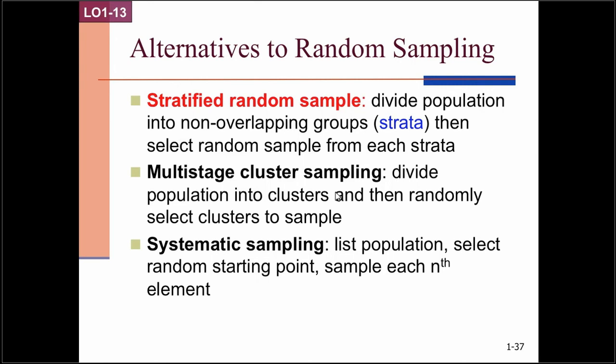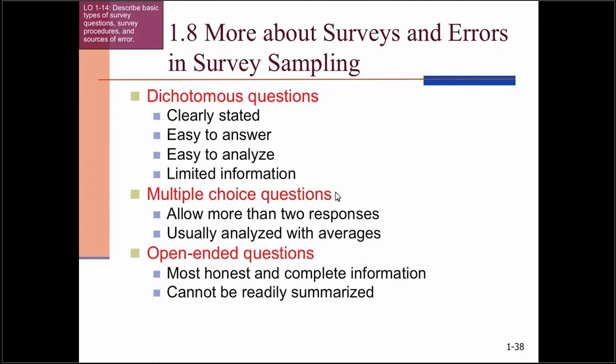So let us come up with all the states, then let's come up with one state, then one county, or the capital, the county, and then we can reach the voters, and then we can randomly select from them. Systematic sampling is also like this: you select a random starting point and you sample, maybe, the 10th element of each one of them.